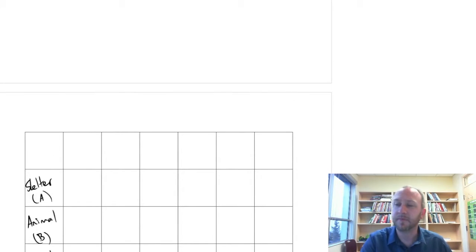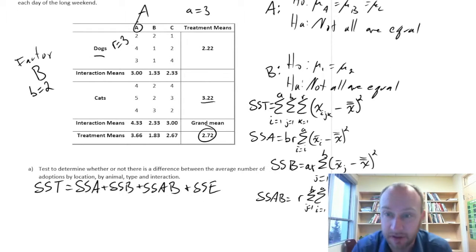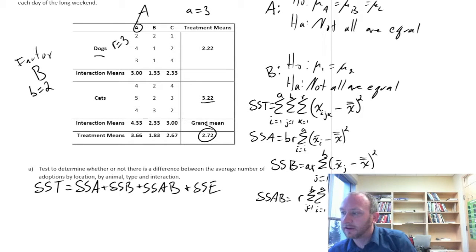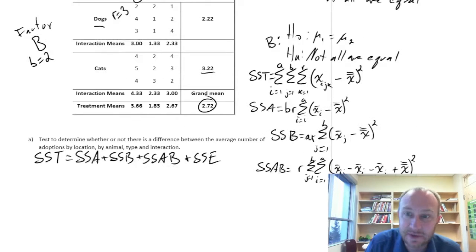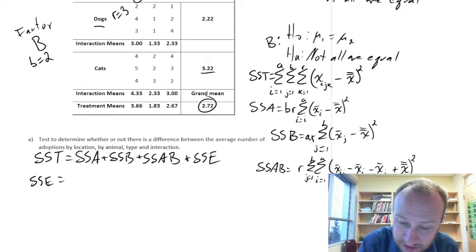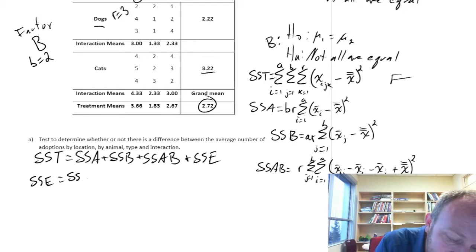Now, once again, because we have so many treatments, we can no longer calculate SSE from the data. So I've actually cheated. I just have to bring it up on my other computer. Similar to our randomized block design, in order to obtain SSE, we are going to need to have SST. I'll never ask my students to calculate SST. It's too time consuming. So we can calculate SSE by the difference between all of these, minus SSAB.